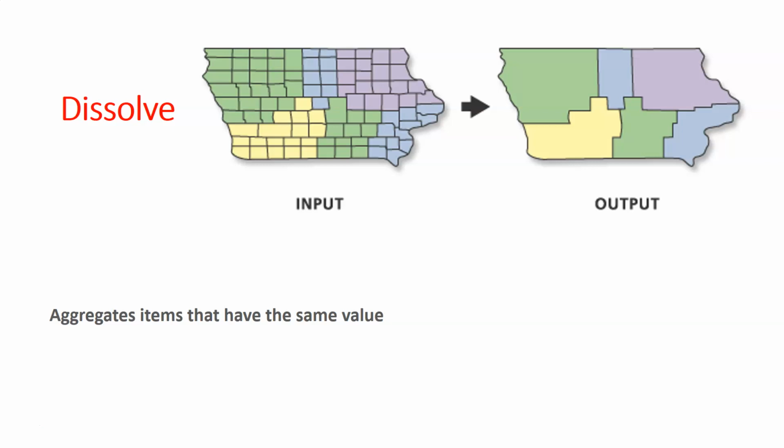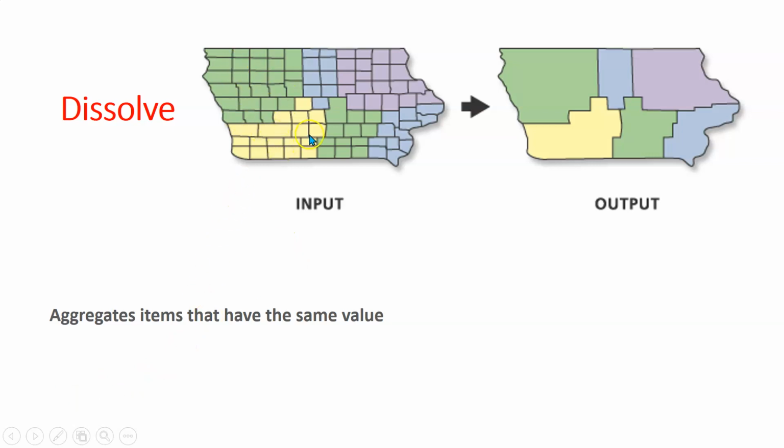So dissolve is simply aggregation of items that have the same value. So dissolve relies on the attribute table, right? For dissolve, we use the feature attribute table, where there's a certain column which we use to generalize the region, generalize items.